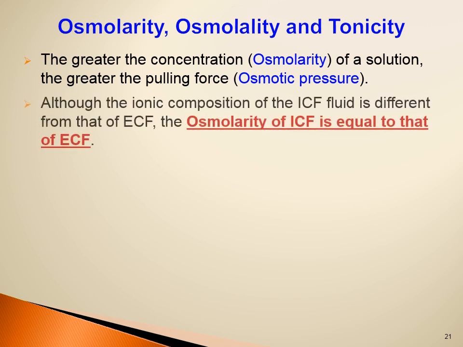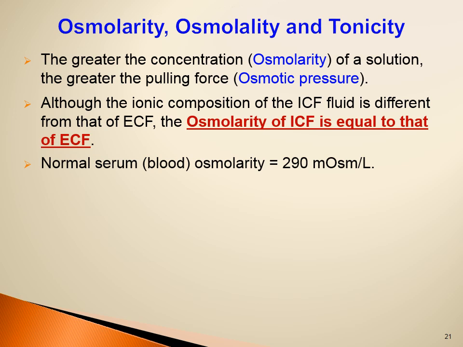As we saw in the previous slides, although we have different ionic composition of the intracellular fluid and extracellular fluid, the osmolarity of both compartments is equal, and it is around 290 milliosmoles per liter. The normal serum or blood osmolarity, the normal interstitial fluid osmolarity, as well as the normal intracellular fluid osmolarity, is around 290 milliosmoles per liter.